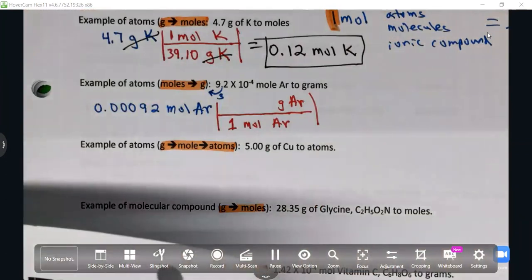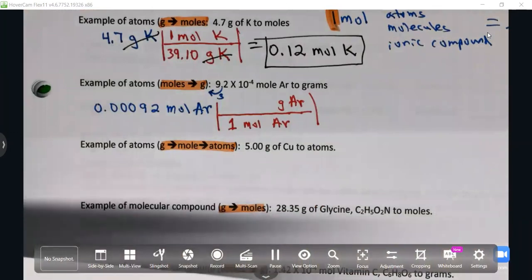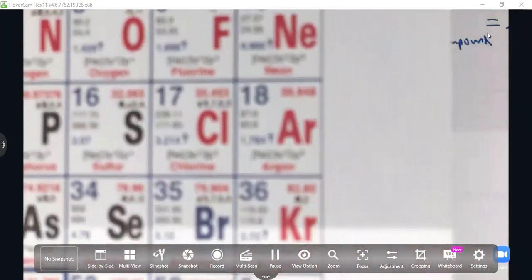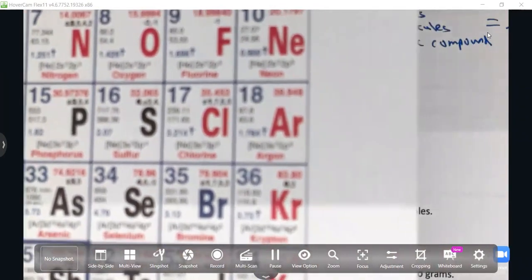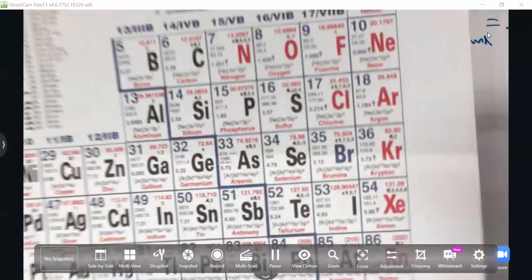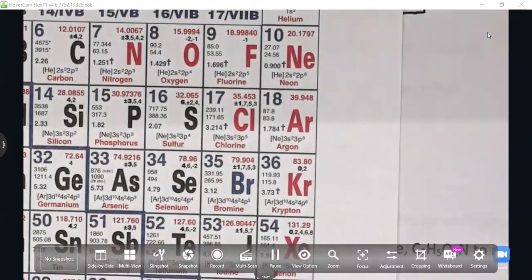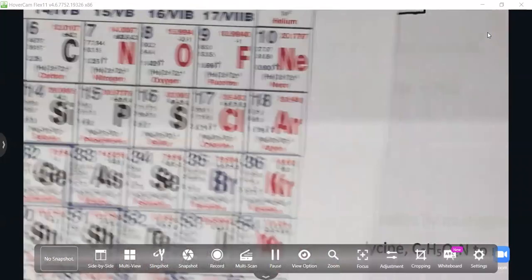And check your periodic table. It is a noble gas on the right side of your periodic table. 39.95. 39.95 grams for argon.